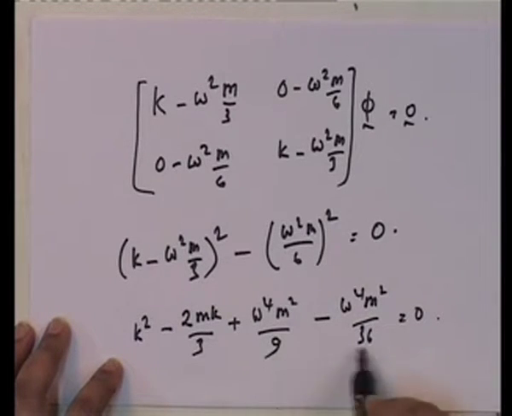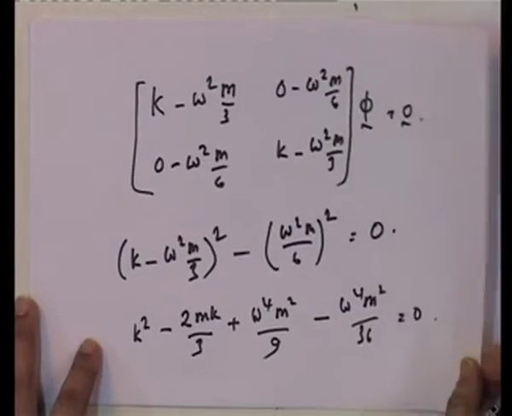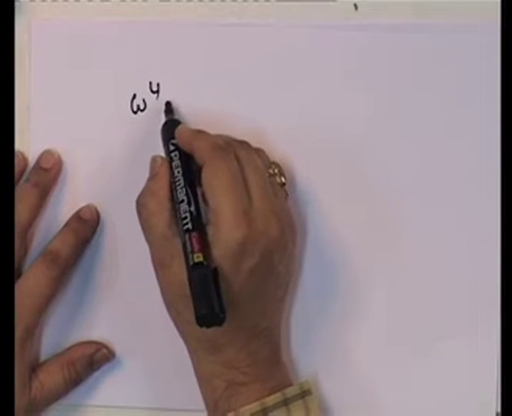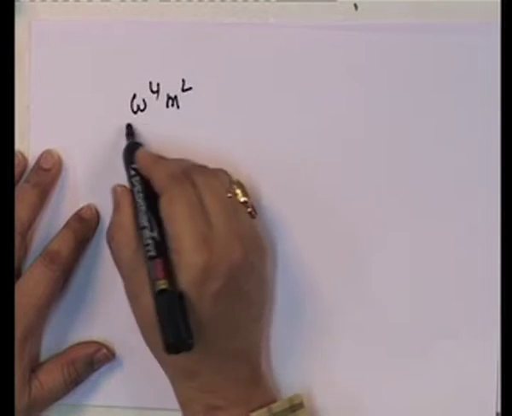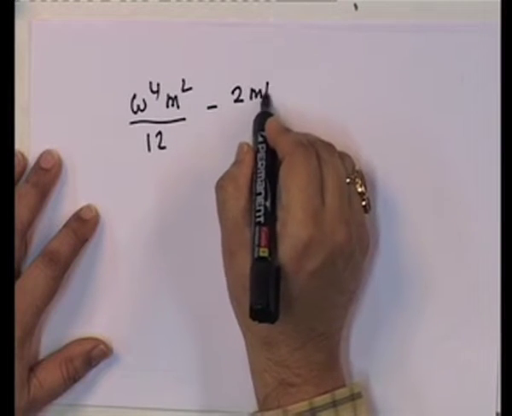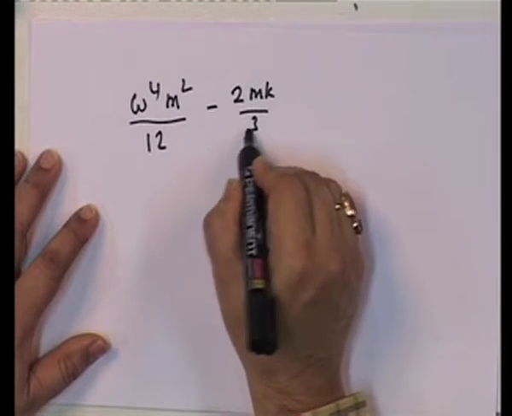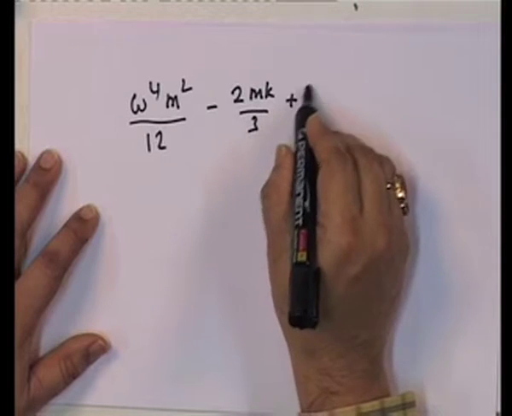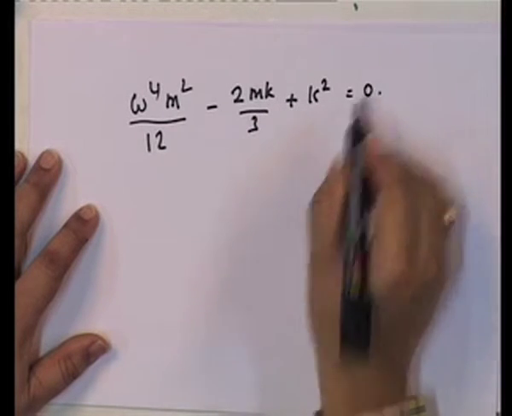So, if you take 36 below 4 and minus 1, that is 3 upon 36, that is 12th. So, basically this equation then becomes nothing but the following: omega fourth m squared upon 12 minus 2mk by 3 plus k squared is equal to 0.